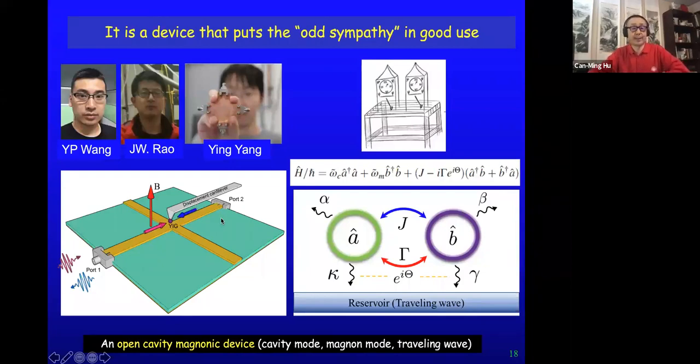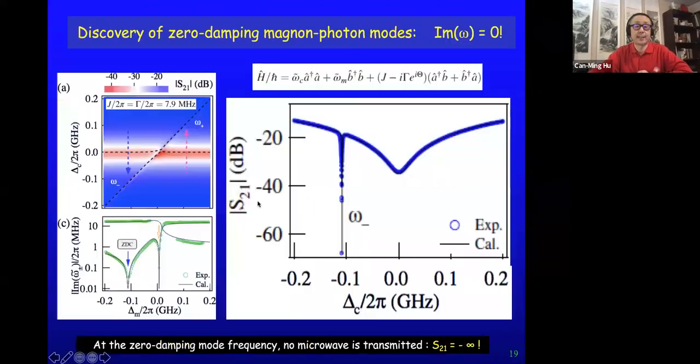Now, very interestingly, as I'm going to show you, this device has non-reciprocal behavior, which means the microwave at certain frequencies can pass through this device only from one direction to the other, not reversely. Let's see the transmission measurement of this device. And here is the measurement.